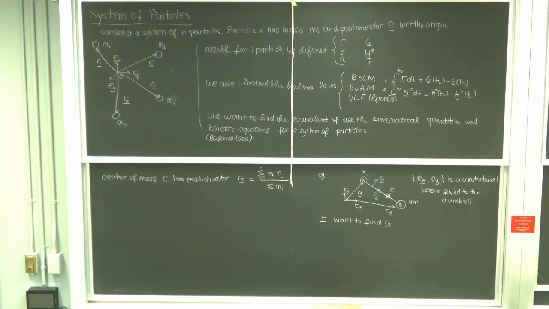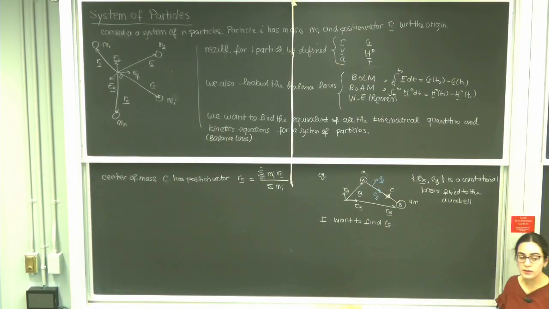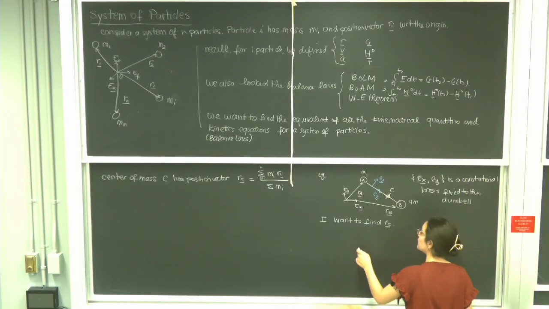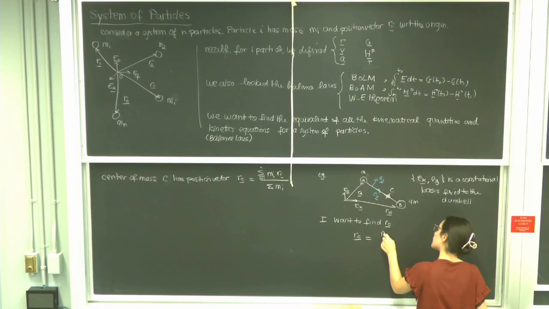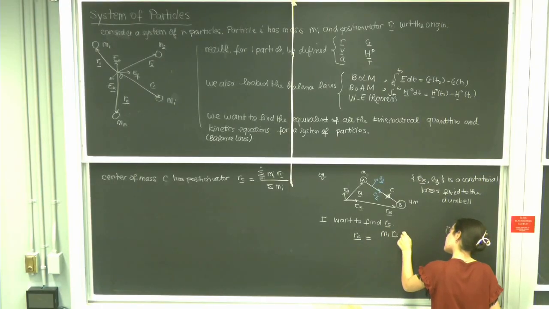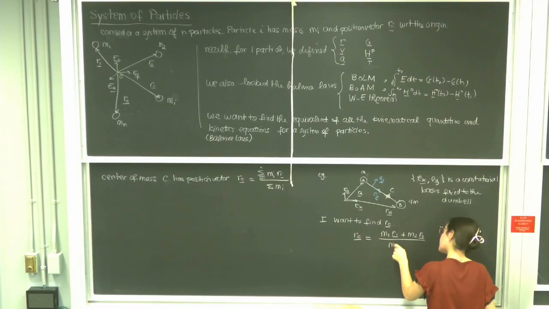Okay, so from the formula, how many particles do I have here in this system? 2 particles. I'm going to consider the connecting rod between the 2 particles to be massless. So I have 2 particles really, so RC from the formula is going to be equal to m1 r1 plus m2 r2 over m1 plus m2.